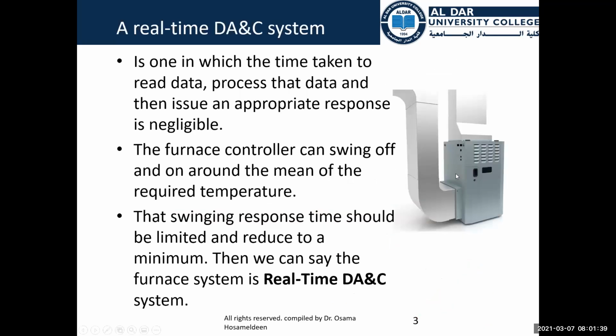So, for example, we have here the furnace controller, and the furnace controller is like we want some temperature to be fixed. After the temperature is reached, we have a switch. This switch is controlled by a computer.